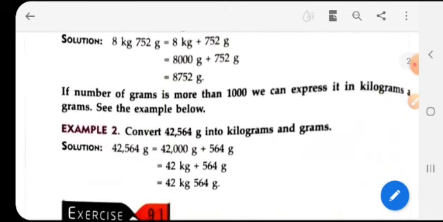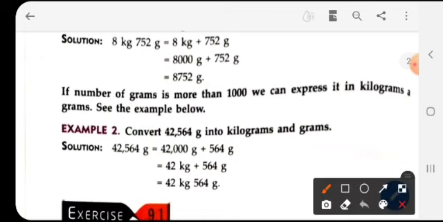Now if a number is more than 1000, we can express it in kilograms and grams. Now here we have a number that is 42,564 grams, and we have to convert it into kilograms and grams.